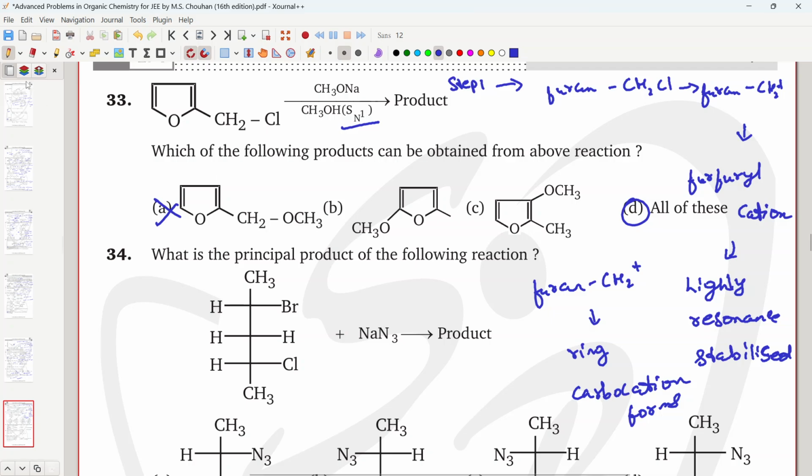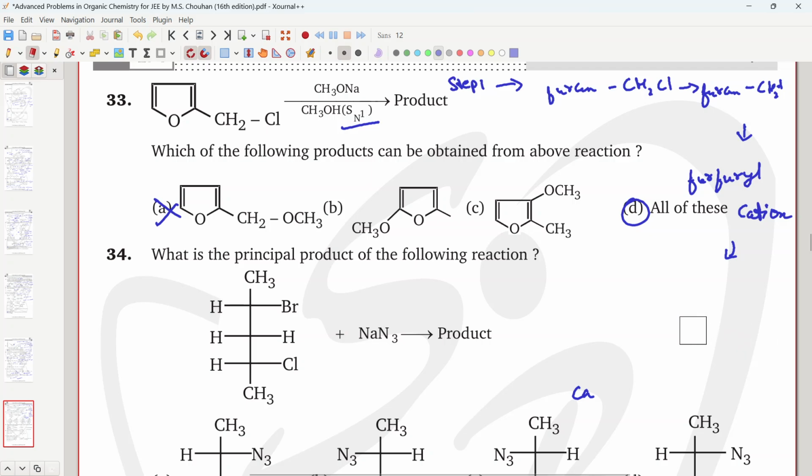Now, what is the principal product of the following reaction? So the substrate is a Fischer projection once again. NH3 is a strong nucleophile, so of course substitution. Now, which halogen reacts?